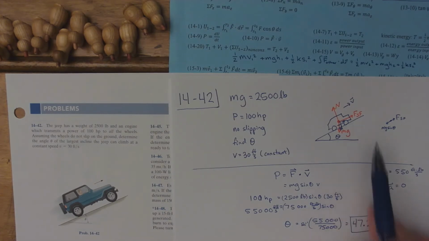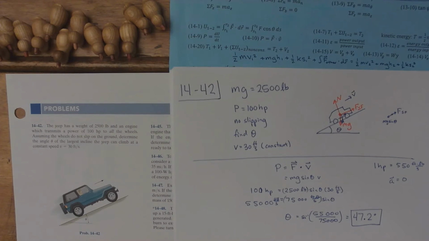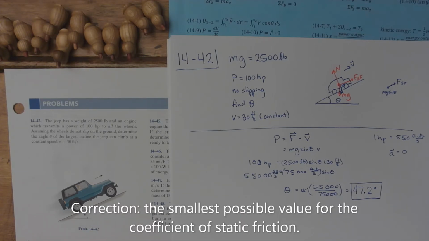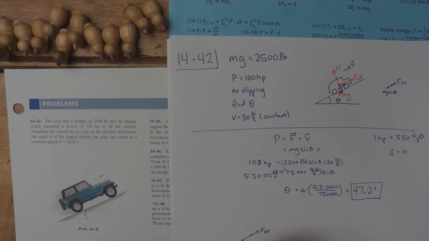One interesting thing to note here before we move on is that we said we had to have a force of static friction acting up the incline, and I wasn't given the coefficient of static friction, but I could figure out the highest value that I would have to have for the coefficient of static friction, and I think it's worthwhile taking a look at that in this case. So we have the force of static friction acting up the incline, we already said we had mg sine theta acting down the incline, so this would be the cosine component, and then I have my normal force acting like this.